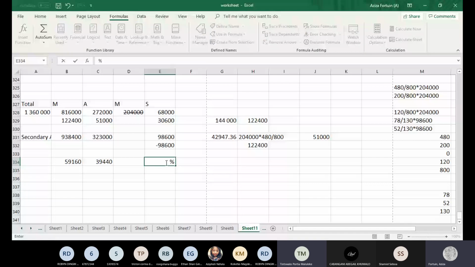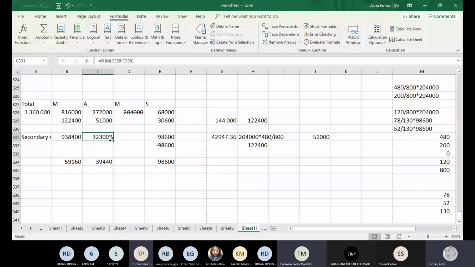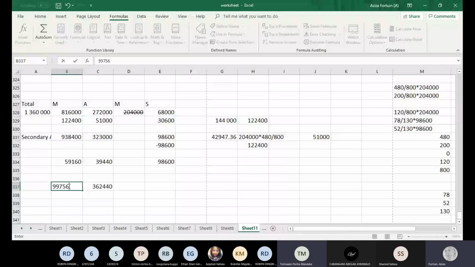Can you see? So now we add it up, and you're going to get 362,440 and 997,560. Now, they told us that labor hours for production was 12,000, right?